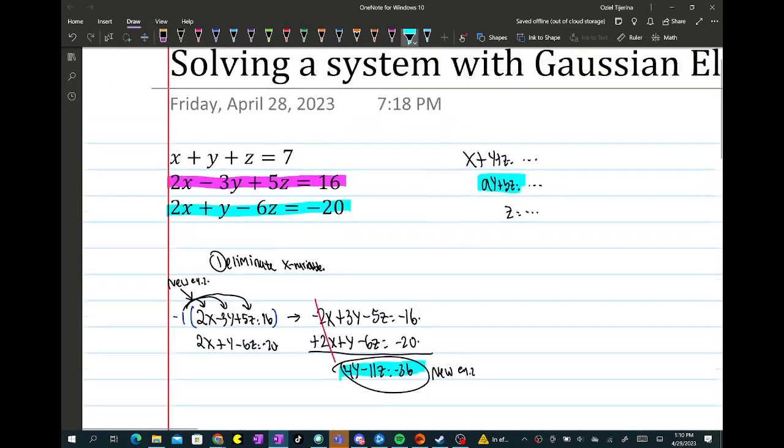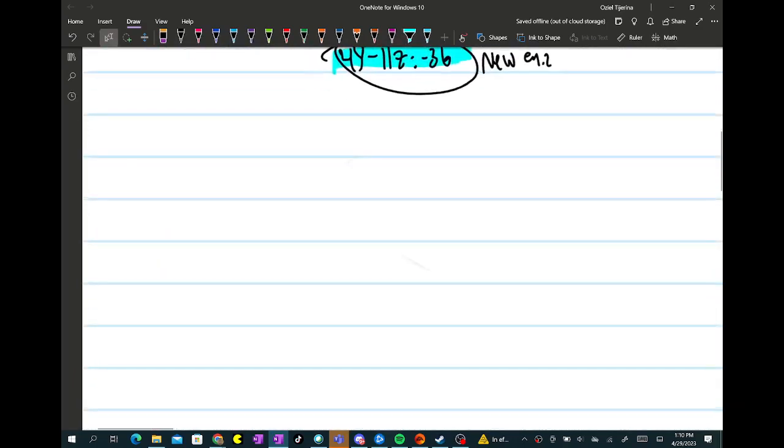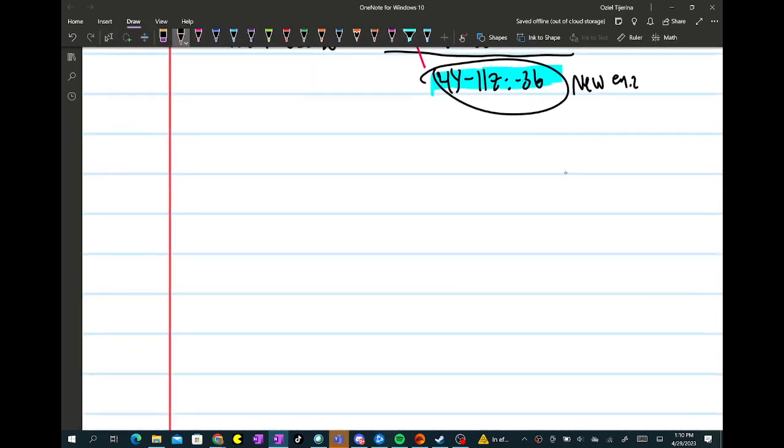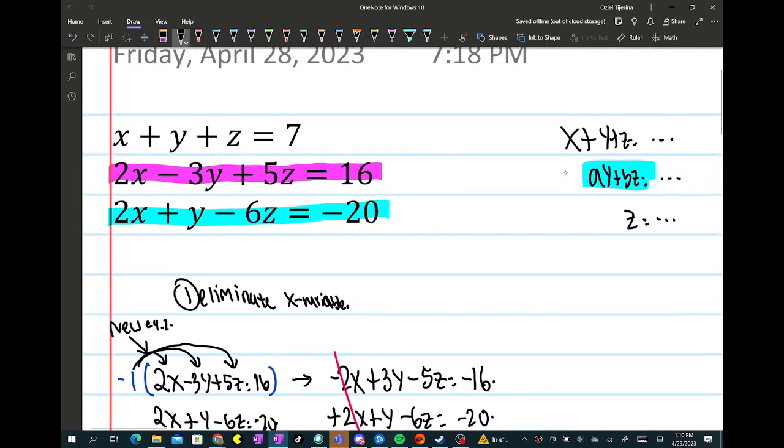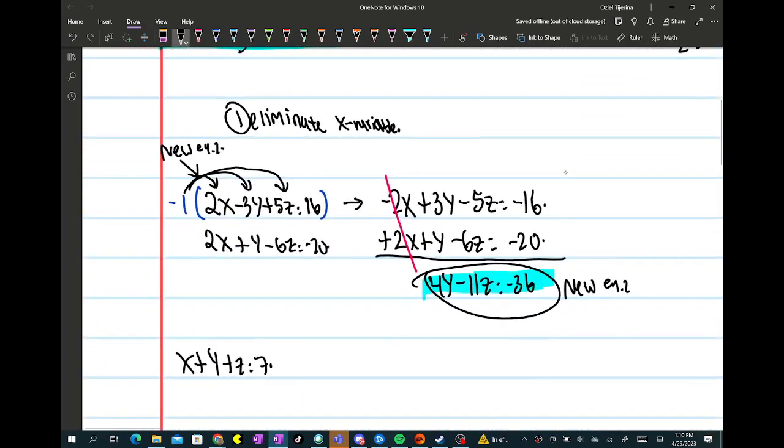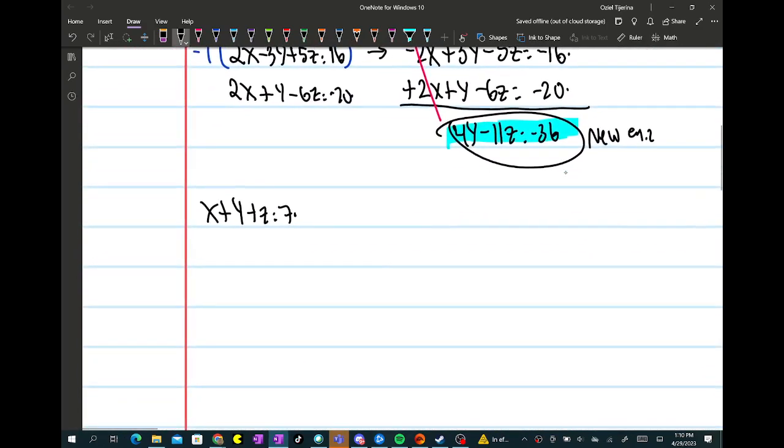So now my system is going to look like this. We're going to rewrite it again: x plus y plus z equals 7. And then the other one, 4y minus 11z equals negative 36.